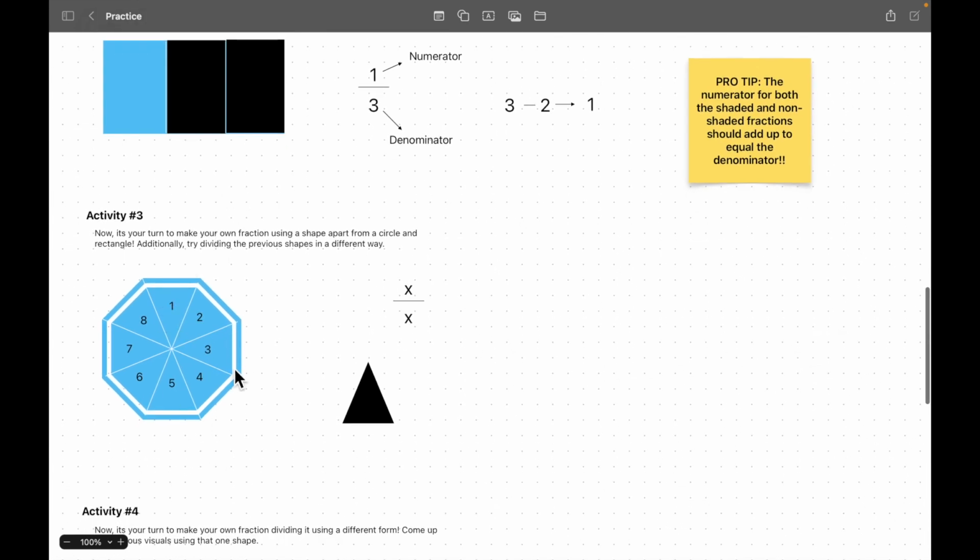However, for this shape, we couldn't really divide it into a mini octagon, because then it would get complicated, or it just won't be equal. We can't know for sure that it will fit in this octagon.